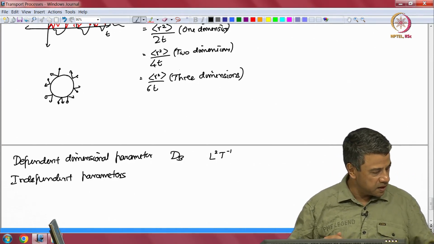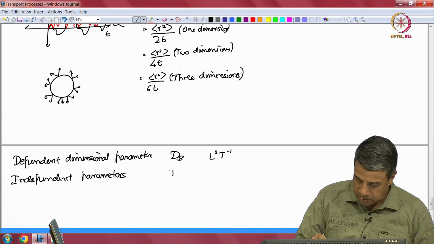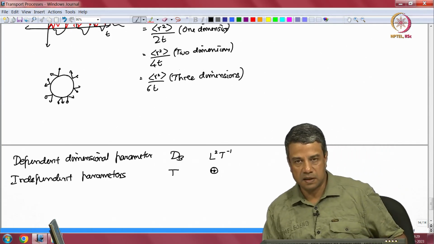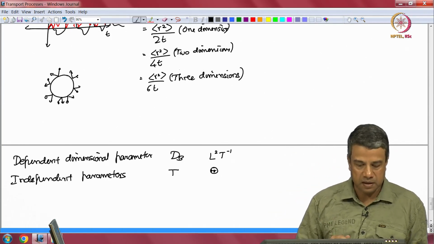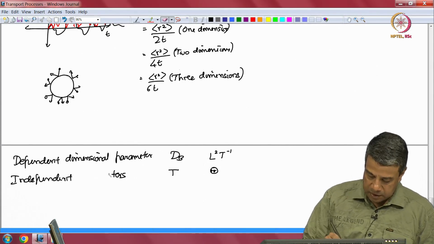First thing I said was the temperature, the temperature with theta as the dimension. Note that theta is being used for the temperature, so let me just note that here.